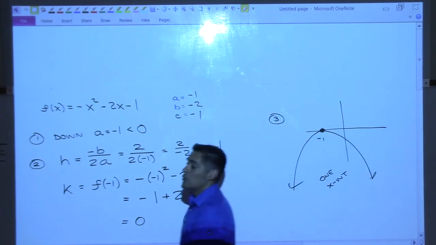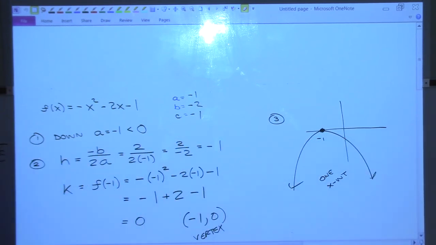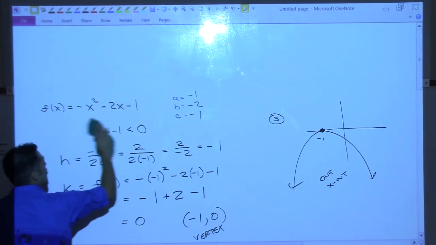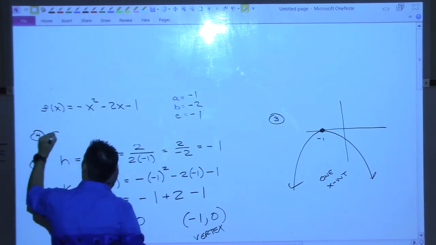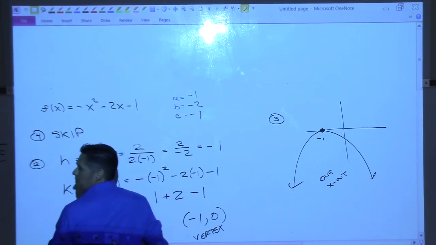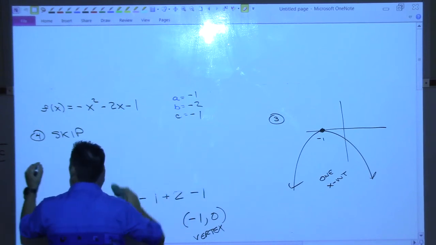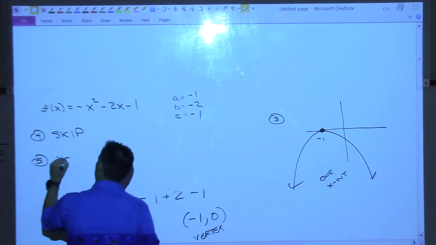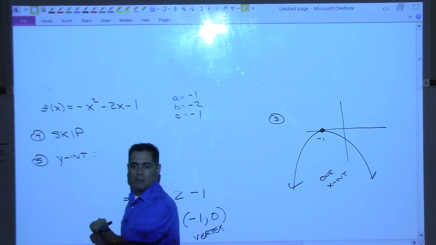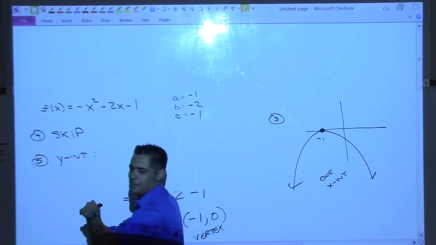So you sure? Okay. So what is our next step going to be? That was step 3. What's step 4? 4 we're skipping, right? Skipping step 4, which was X-intercepts. Step 5? 5 is Y-intercept. Okay, let's see where we are. Uriel, what's our Y-intercept?